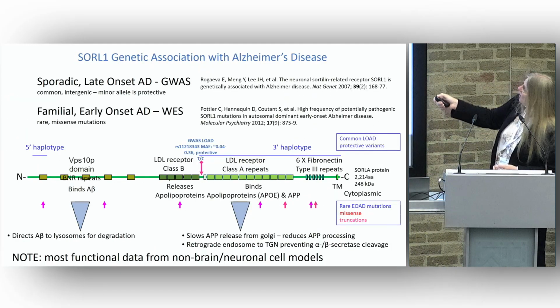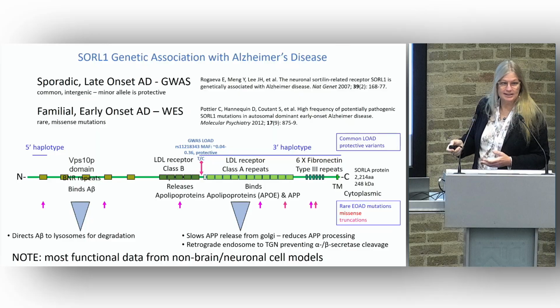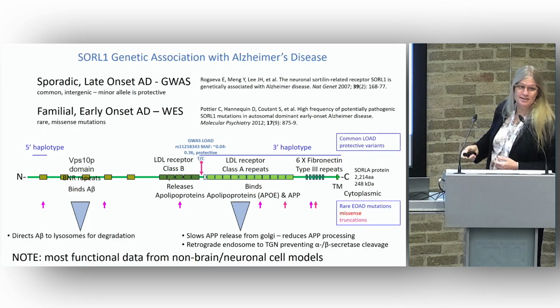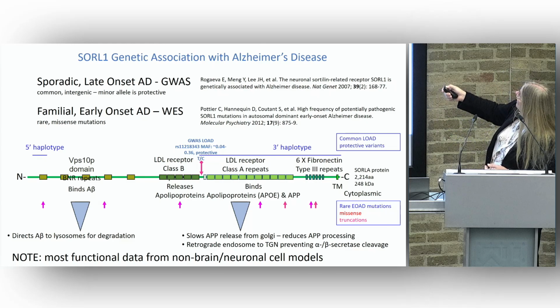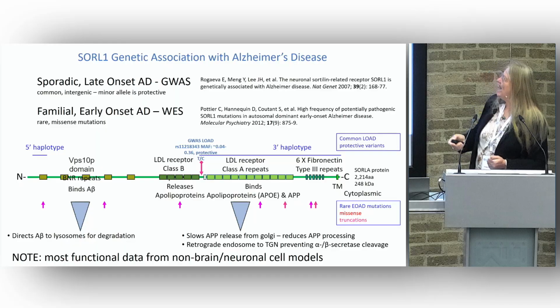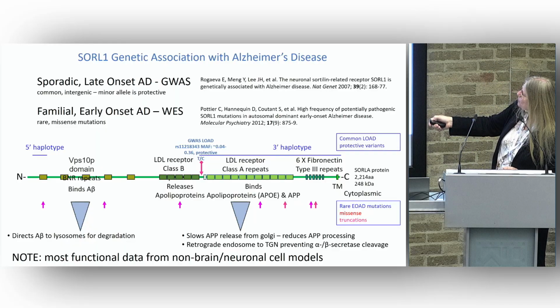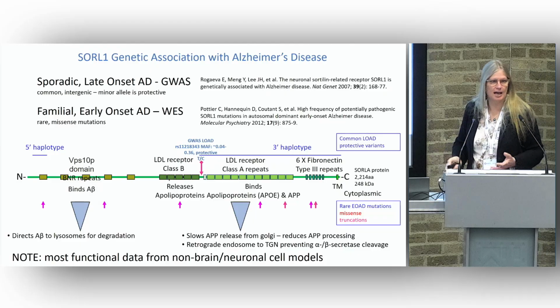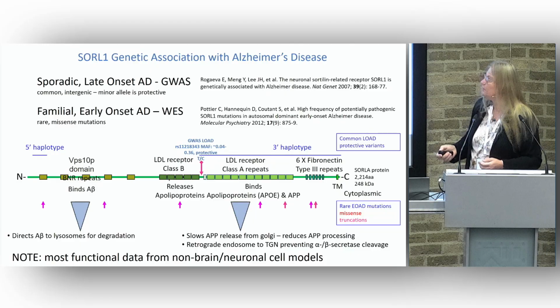So SORL1 is quite complex in terms of its genetics. It is associated with sporadic late onset AD, and in fact the minor allele, the rarer allele, is protective, and it was first published, I believe, from Peter St George Hyslop's lab some time ago, where they identified that there were probably two genetic features, one at the 5' end of the gene and the N-terminal end of the protein, and one in this 3' haplotype, and they did a great functional analysis of this genetically.